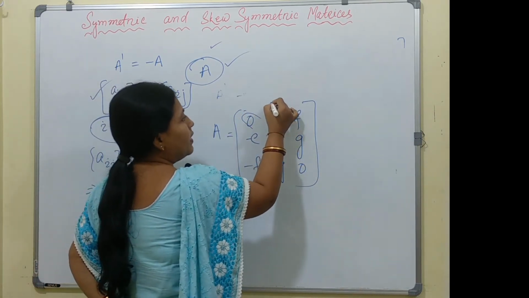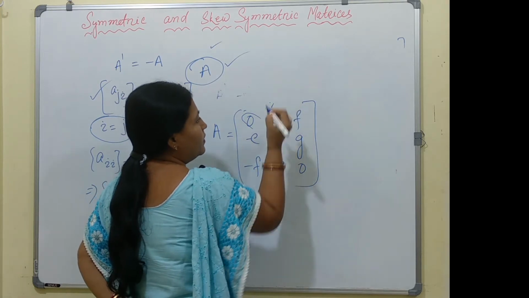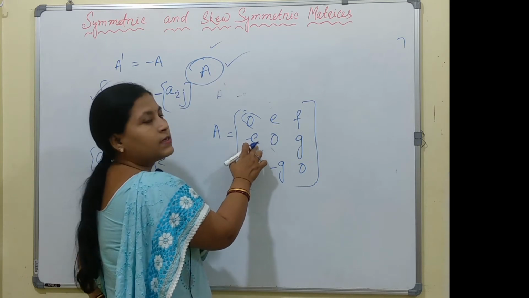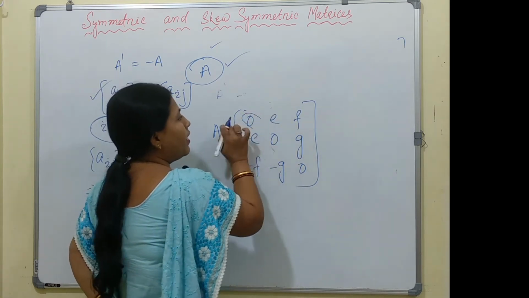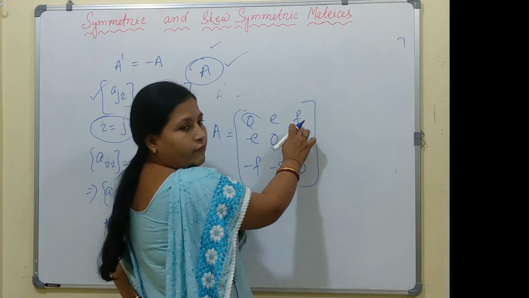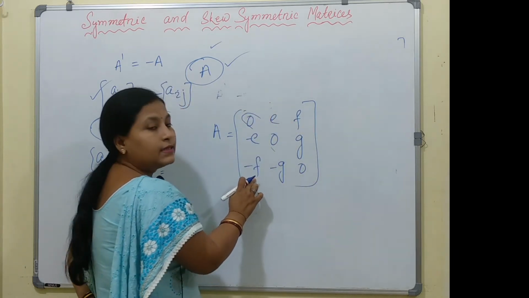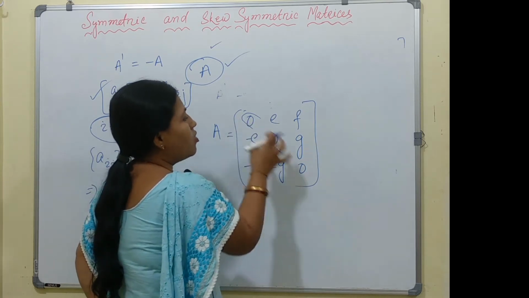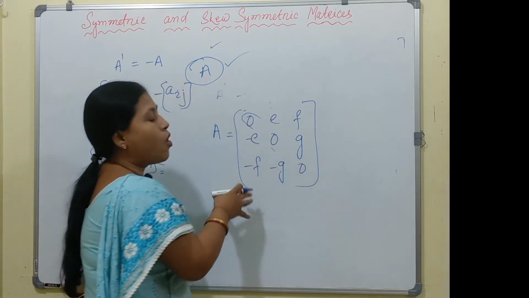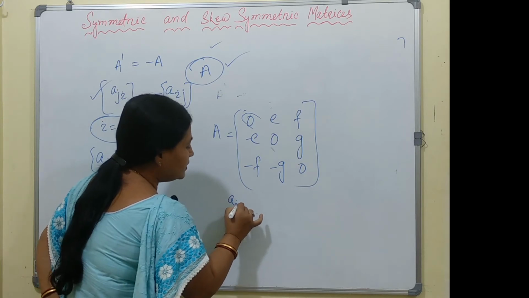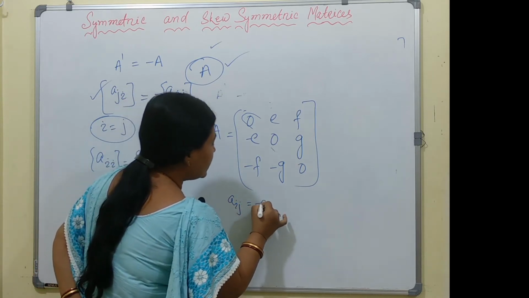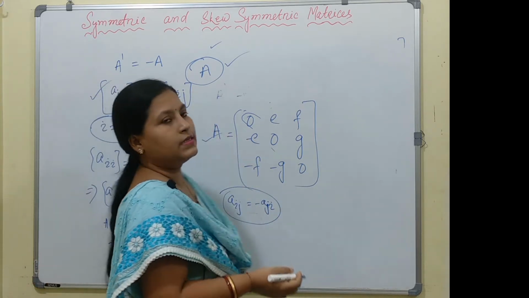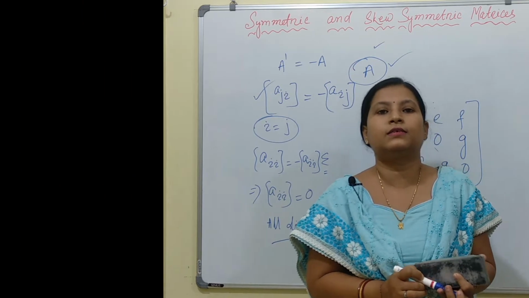If we take the A12 element, it is e, so the A21 element is minus e. If the A13 element is f, the A31 element is minus f. So this is a square matrix and all diagonal elements are 0. Each Aij is equal to minus Aji. So this matrix is a skew-symmetric matrix.